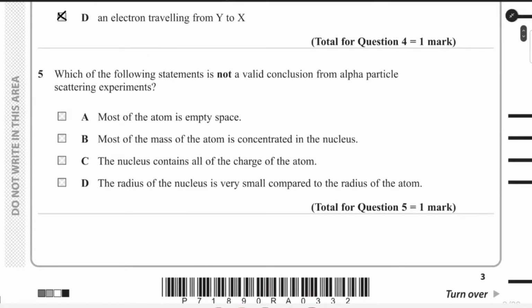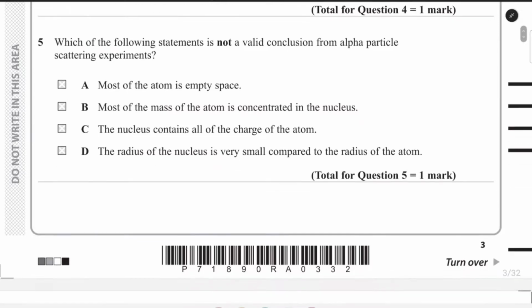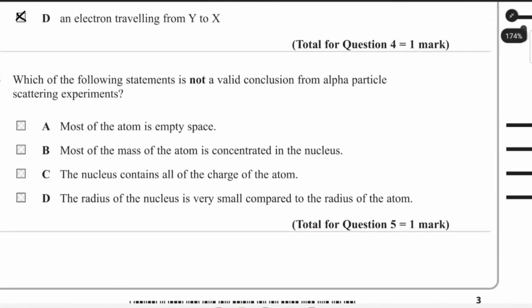Now moving to question 5, we are given a question about which of the following statements is not a valid conclusion from alpha particle scattering experiments. Now the alpha particle experiment is basically shooting alpha particles at a thin gold foil.